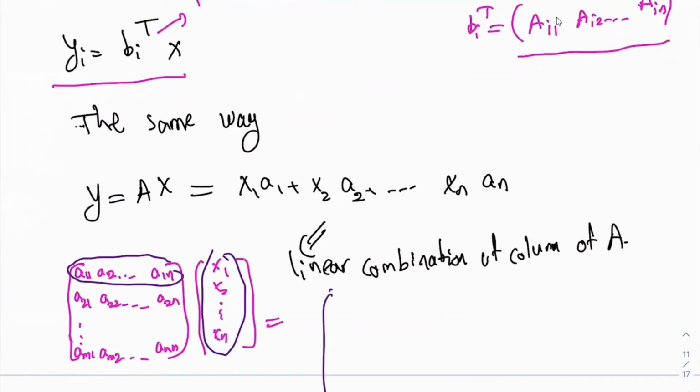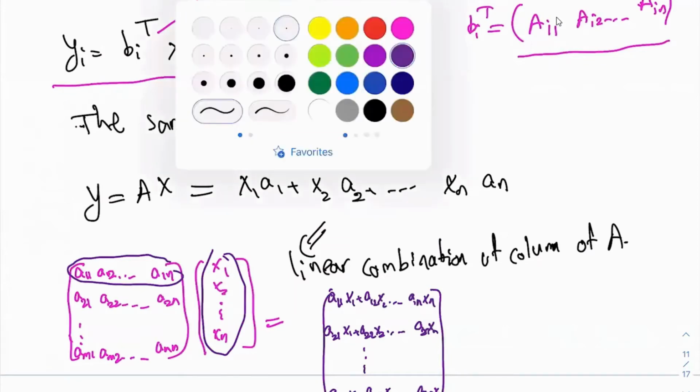So this is going to be a11 x1 plus a12 x2 all the way to a1n xn. This is going to be a21 x1 plus a22 x2 all the way to a2n xn. And then we have am1 x1 plus am2 x2 all the way to amn xn. Okay, so this is the resulting vector.